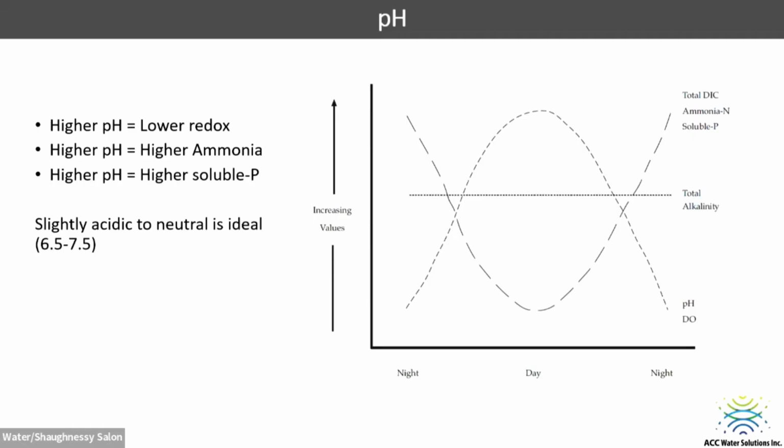Respiration reduces pH, so aerobic microbial activity will reduce pH. High photosynthesis levels will increase your pH. So we see, as he's mentioning here, a crossover: the more active photosynthesis that's taking place pushes your pH level up. That high pH causes ammonia to become unionized ammonia, which is toxic.